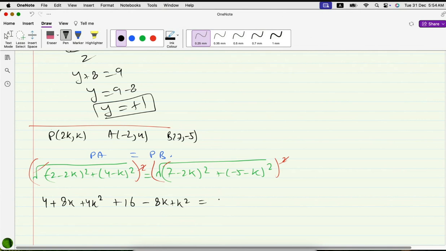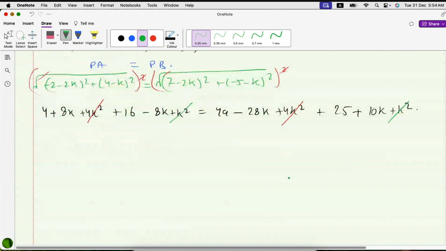Right hand side, a square minus 2ab plus b square. Now slowly, this is 4k square, this is 4k square, and I can see k square and k square.